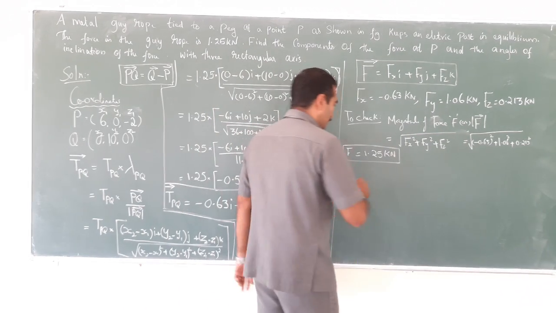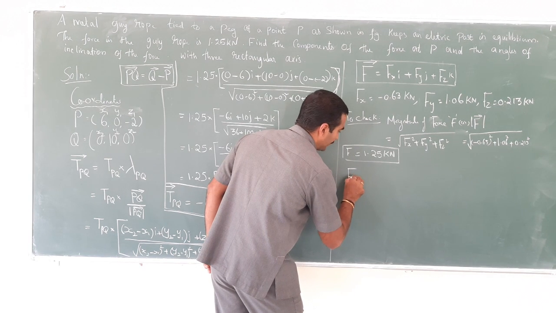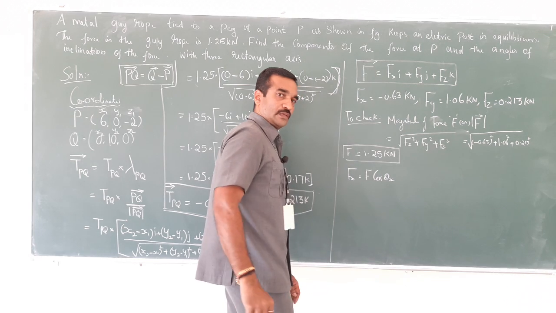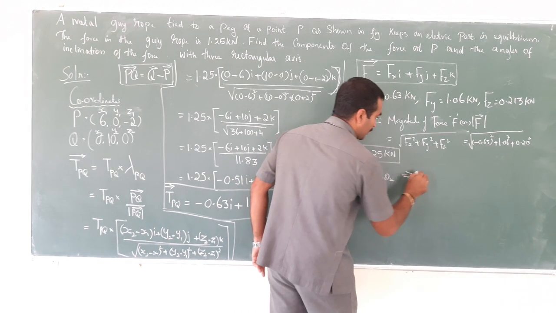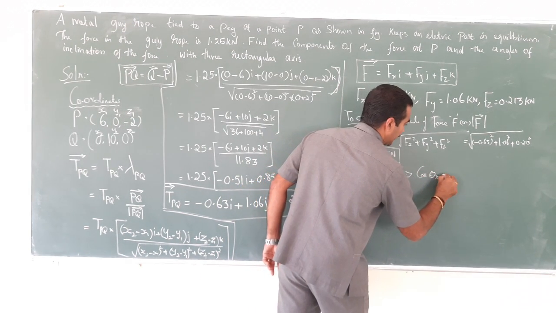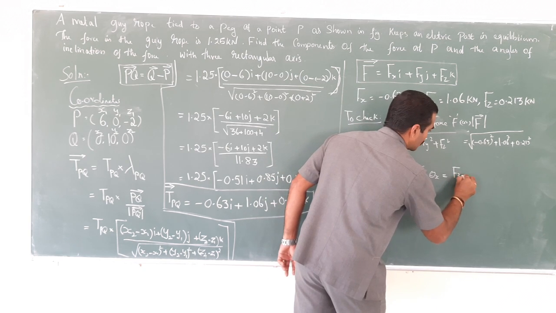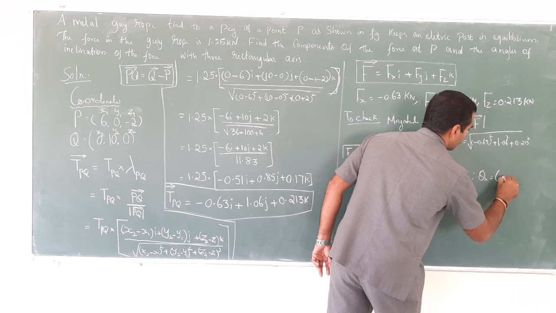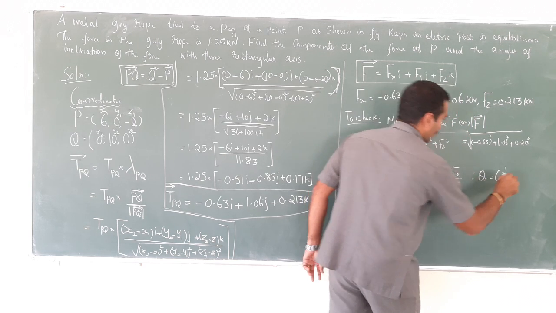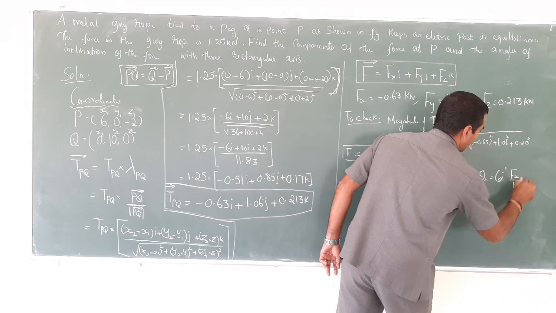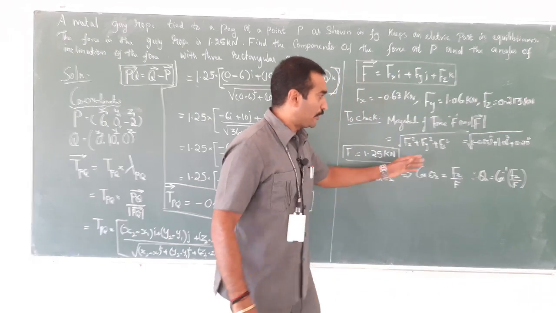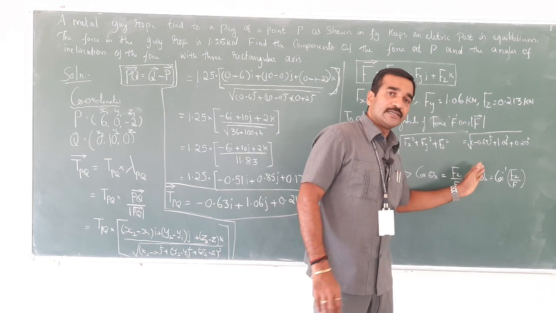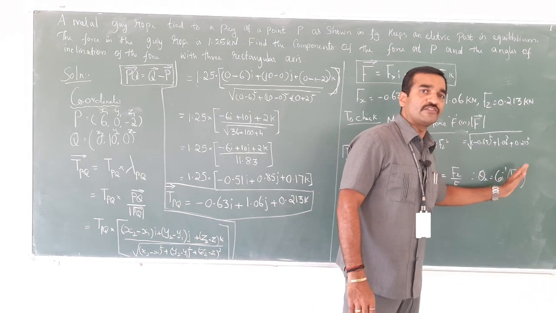The formula is F_x equals F cos theta_x, which can be written as cos theta_x equals F_x by F. So theta_x is equal to cos inverse of F_x by F. Similarly, theta_y is cos inverse of F_y by F, and theta_z is cos inverse of F_z by F.